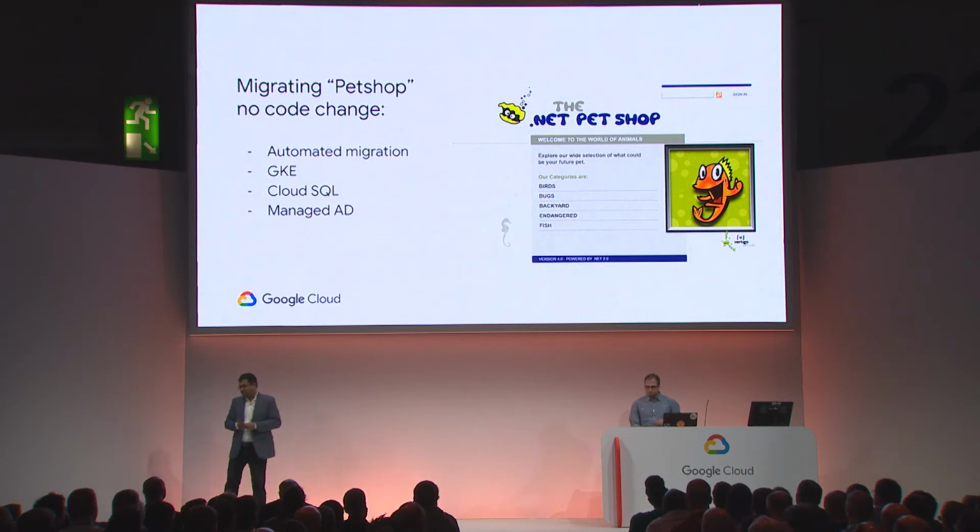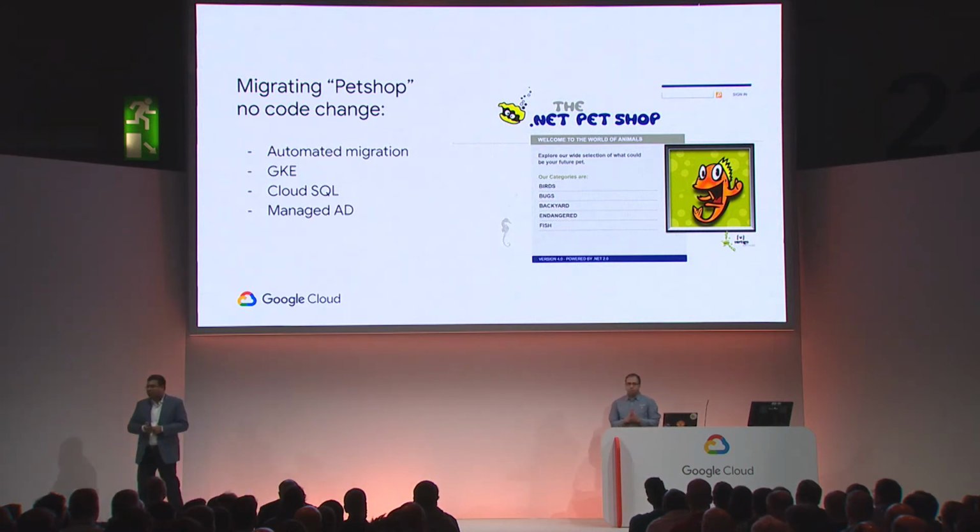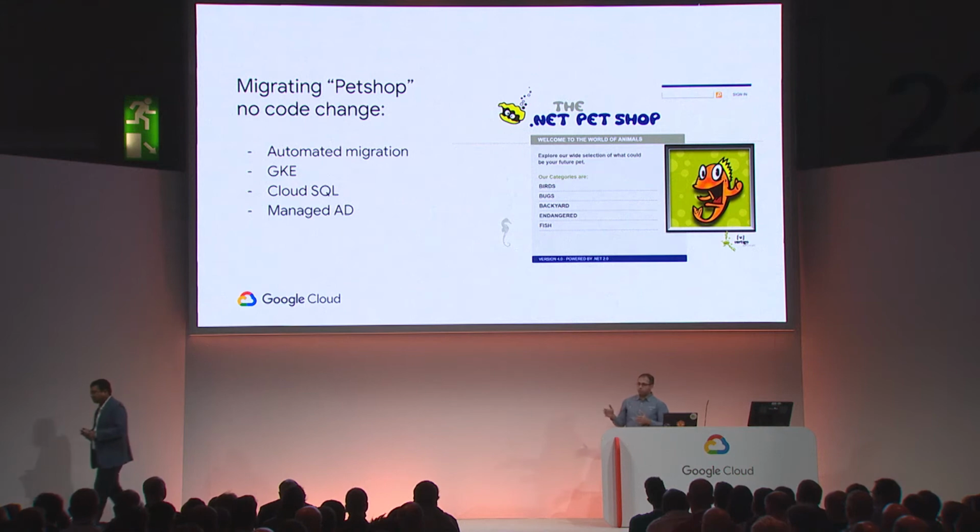Thanks, Souvik. So we are going to talk about migrating the Pet Shop .NET application to GKE, but it all comes in stages. First of all, we need to make sure that our application runs on Google Cloud Platform. Let's assume that the use case is quite typical: it runs on premises, and we want to migrate it into Google Cloud Platform, first to run on VMs.